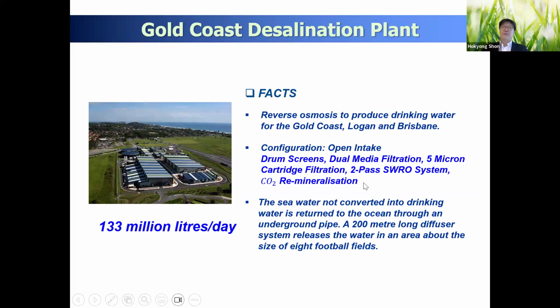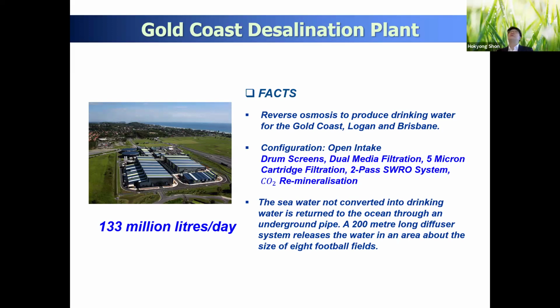They have reverse osmosis to produce the drinking water, and they have open intake, drum screens, dual media filtration, 5-micron cartridge filter, and a 2-pass SWRO system. SWRO means seawater reverse osmosis system, and CO2 remineralization.